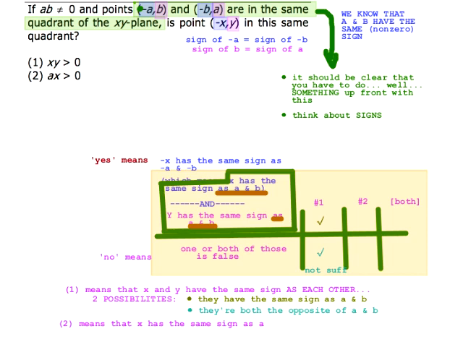And this is where you figure out how this is going to work out. If X has the same sign as A, then you've got half of what you need here. If Y is also the same, then you can check off this box on top. But if Y has the other sign, then you don't have both conditions, and so we check off the bottom box. This is also not sufficient.